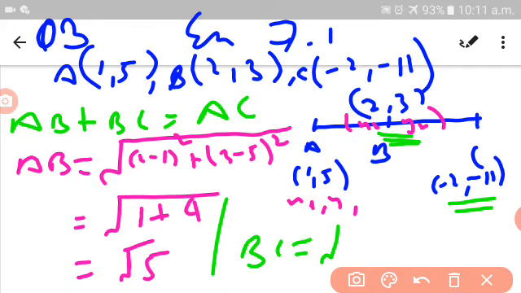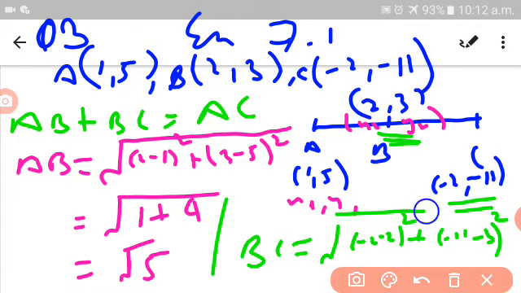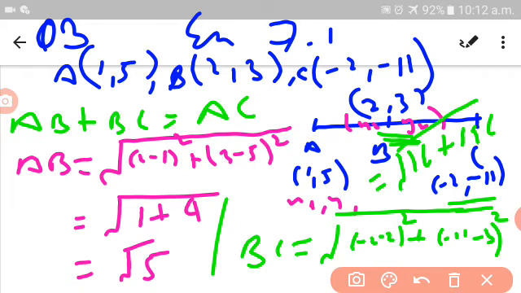So this is (-2 minus 2) whole square, that is -4, square is 16, plus (-11 minus 3) whole square, that is -14, and 14 into 14 is 196. So 16 plus 196 gives 212.